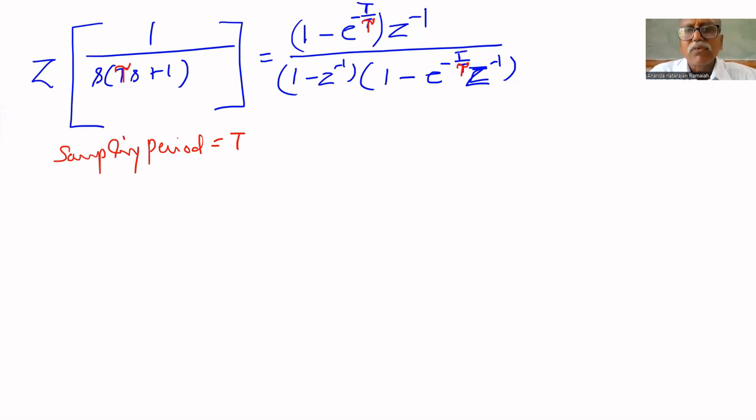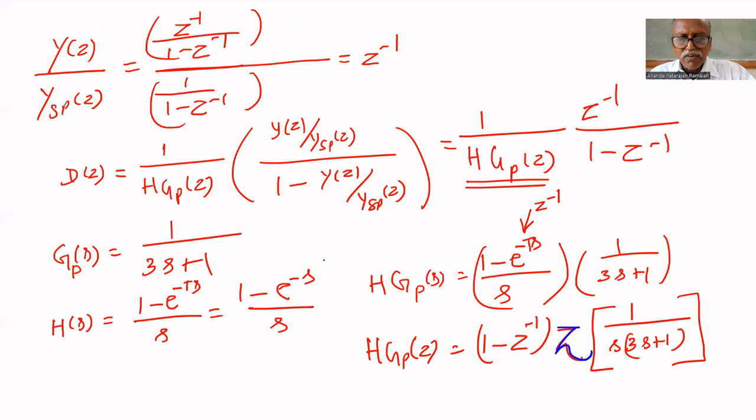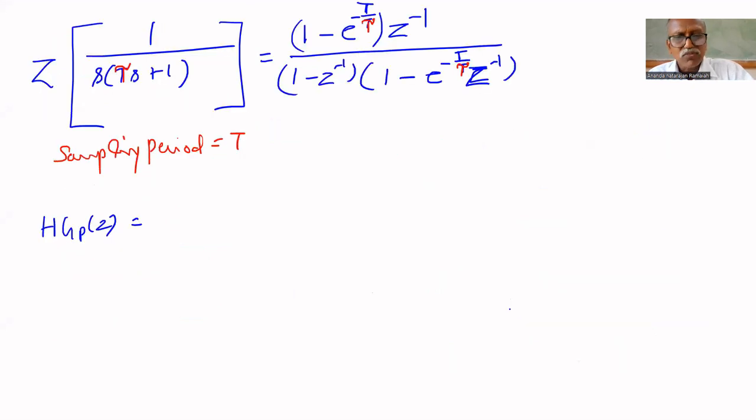Here also t by tau. T equal to 1. That's why I wrote 1 by tau. What is HGP of z? What is h of s? 1 minus e power minus ts divided by s. The s we brought here; the remaining thing is 1 minus z power minus 1.